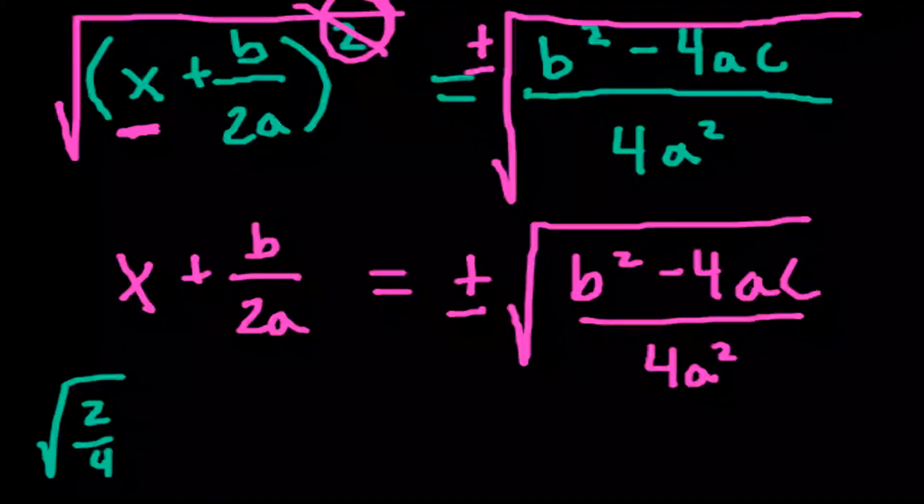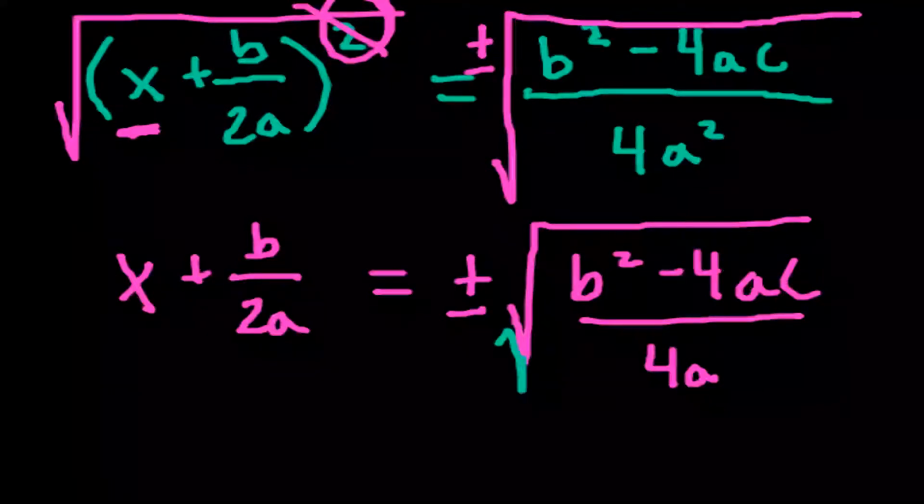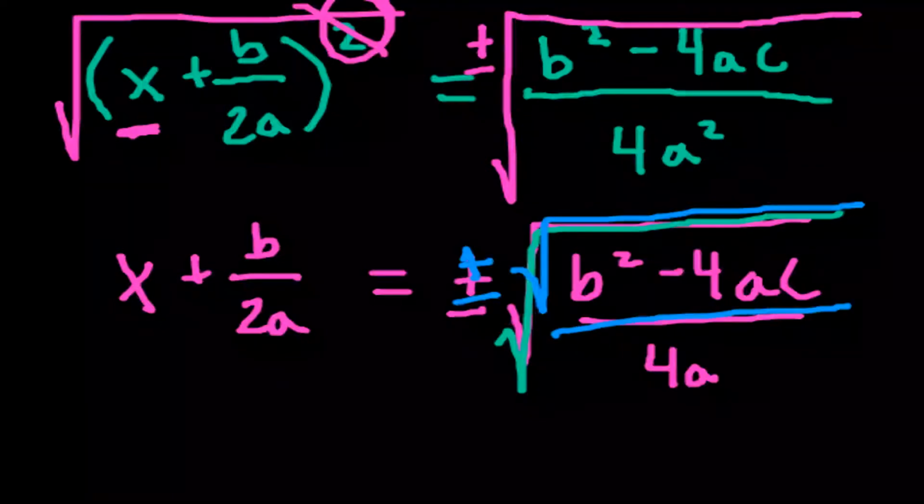Well, we're going to use that same kind of rule. I'm erasing it because it has nothing to do with the quadratic formula. But I'm taking the square root of an entire fraction right now, which means that I could split it into two pieces. I could take plus or minus the square root of the top divided by the square root of the bottom, which, oh, I erased the squared. There was a squared there.